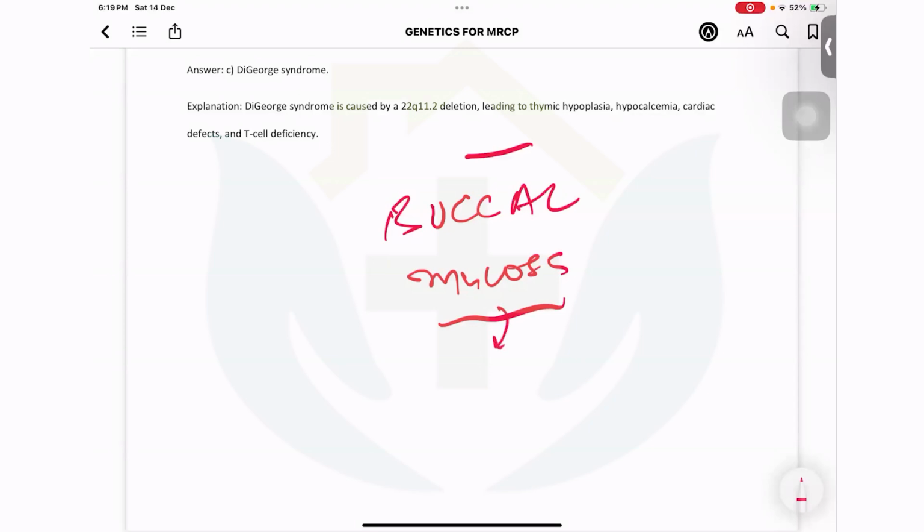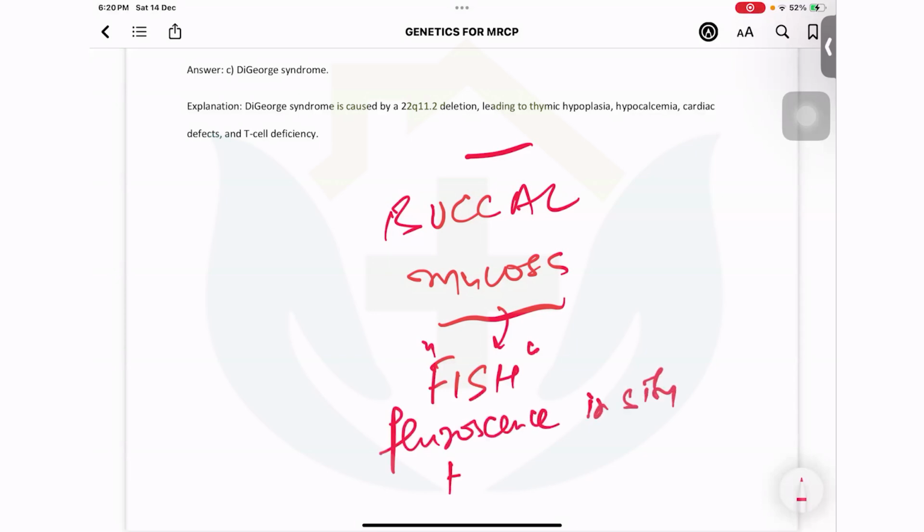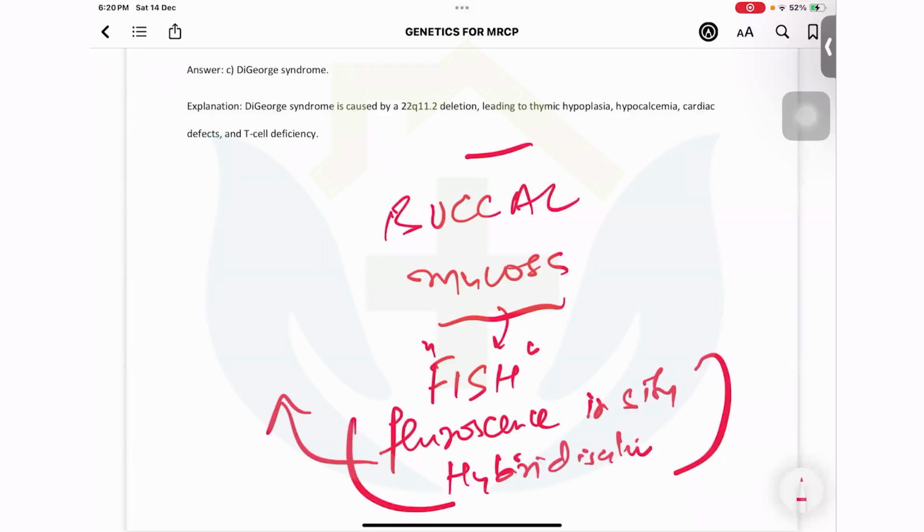So you check them, and what is the diagnostic test? It is FISH. What is FISH? Fluorescence in situ hybridization. What will it tell you? It will tell you that there is a problem with the long arm of the 22nd chromosome.